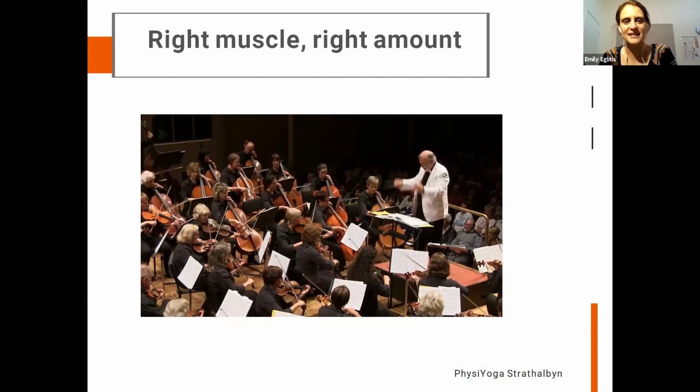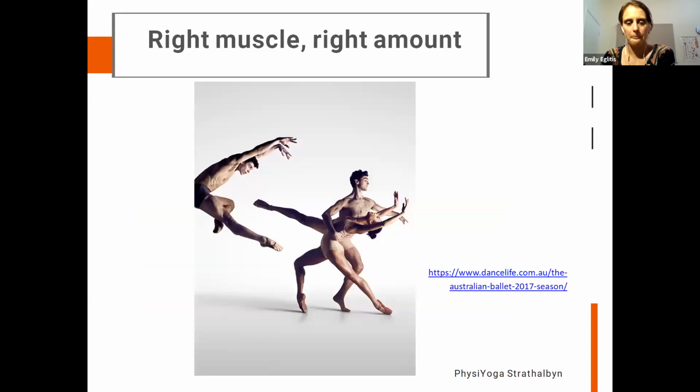You don't want the bass just overpowering everyone. I think you get my point. We need coordination. We need to work together. That's how our body is designed to function, because it's about options to move in lots of different ways, the right muscle in the right amount. These beautiful dancers could not achieve this just by switching on their core.